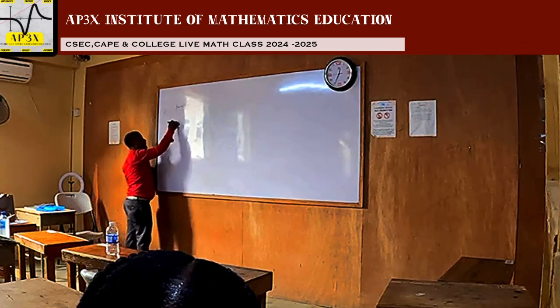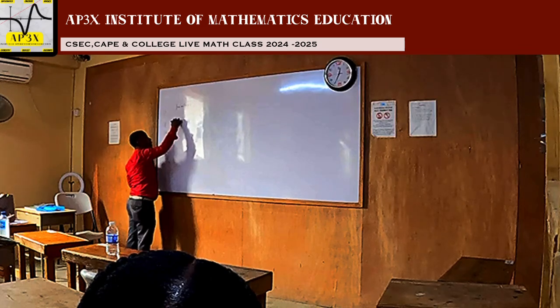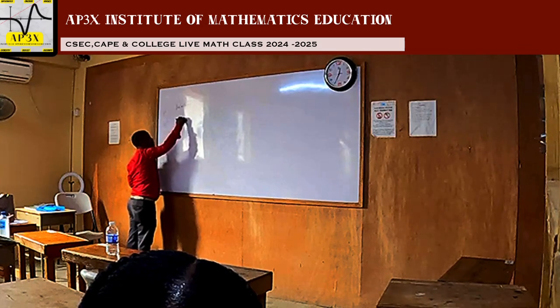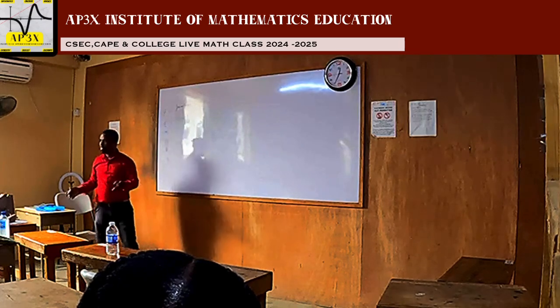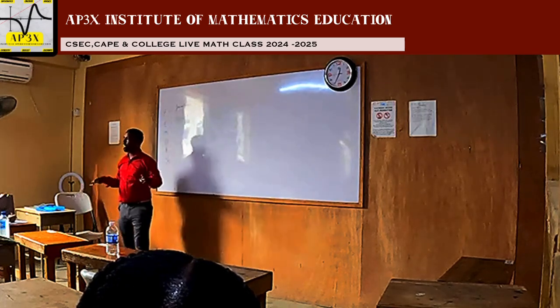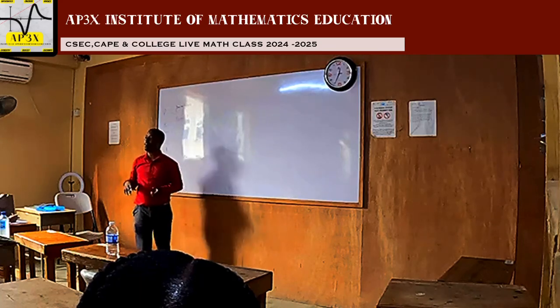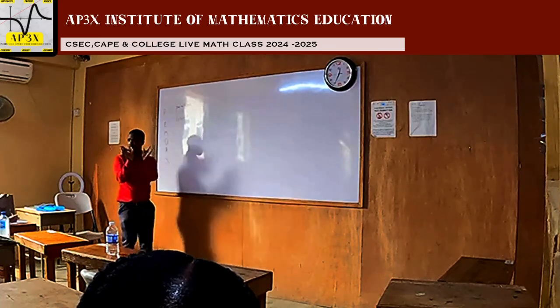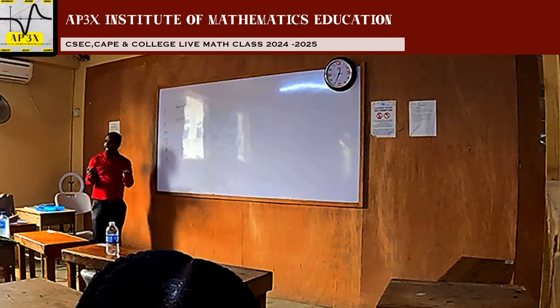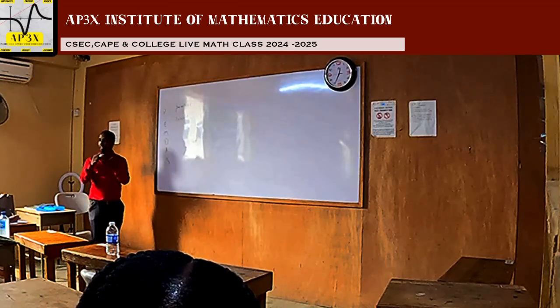The E stands for exponent. Exponent is not really used very often at this level in math. At this level, we mainly use the word power. But both words are quite synonymous with each other. So exponent, index, power, they're all the same.